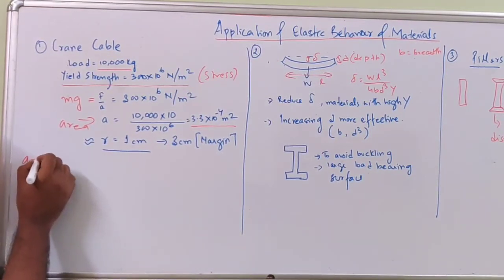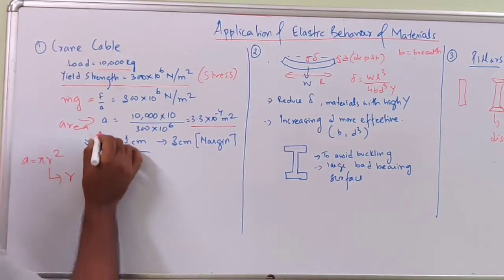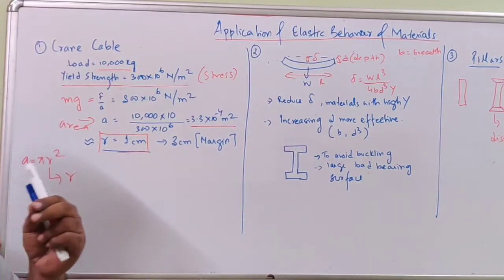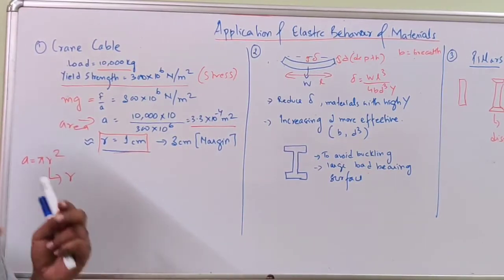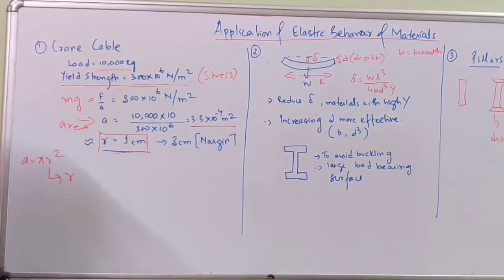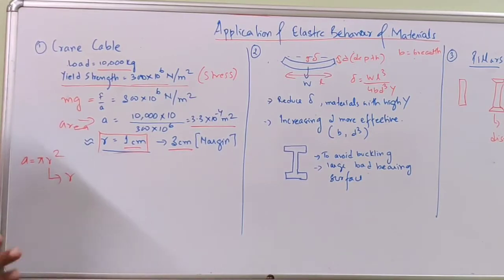So area is equal to pi r square, and from that we can get the value of the radius. This radius comes out to be around 1 centimeter. So that means a 1 centimeter radius thick wire is sufficient to withstand this stress. But suppose we take a margin, like instead of 1 centimeter we take it to be 3 centimeters, so that we are within the safer limit.